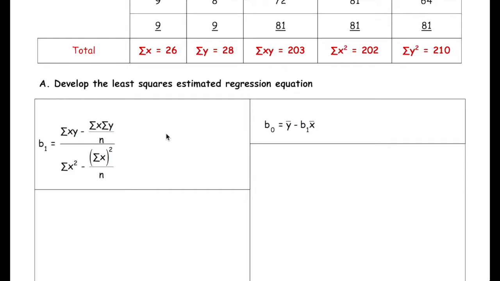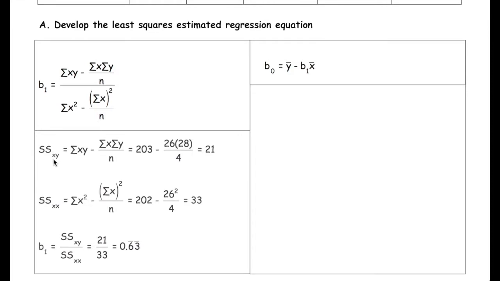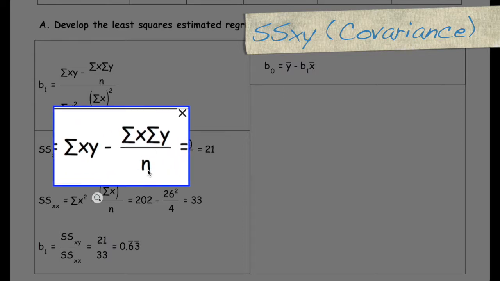And now it's really just a matter of plugging in the totals that you've found into the equation for B1 that is offered and to figure out what B1 is. Try to remember that the numerator for B1 is called SSXY. So the numerator is the sum of xy minus the sum of x times the sum of y over n.